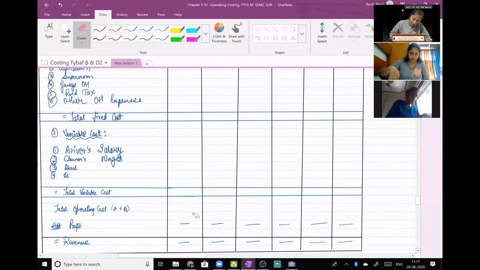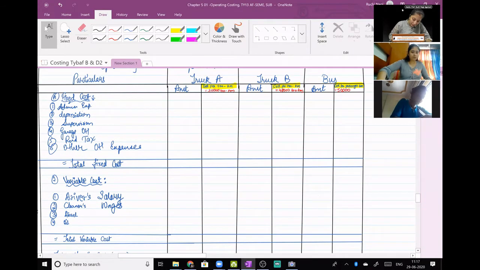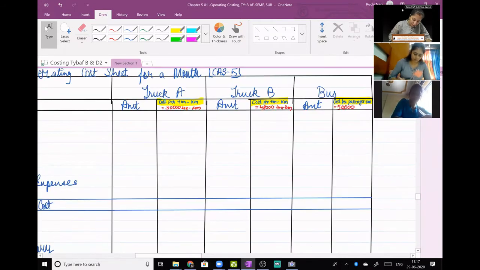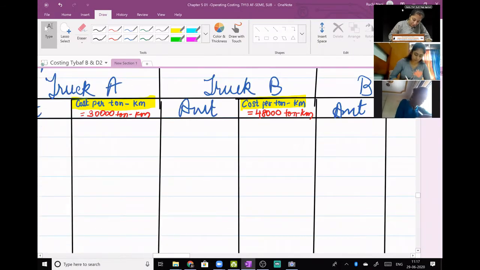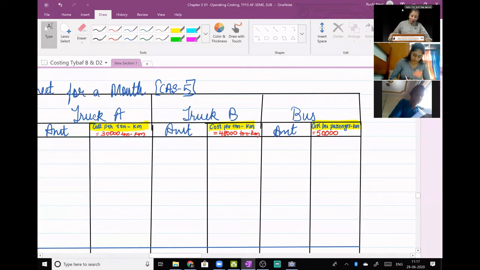Keep your format ready. And write this information, the one we have calculated right now, for truck A, truck B, and bus.